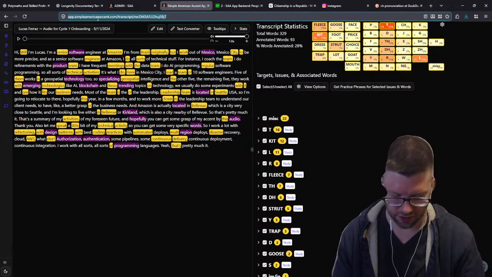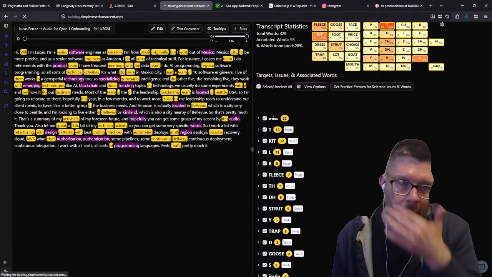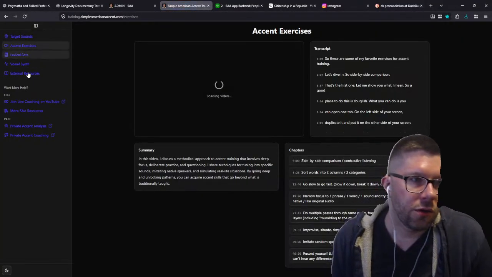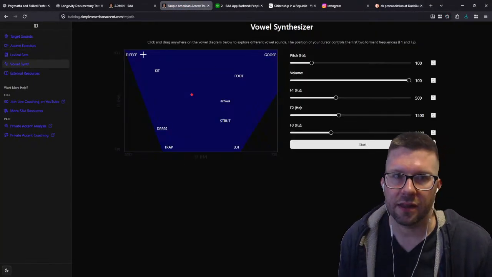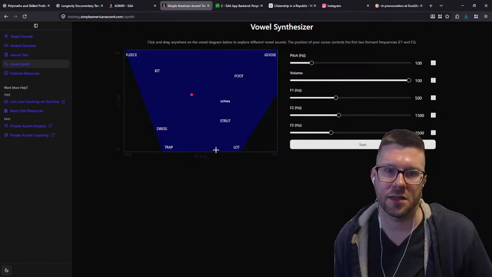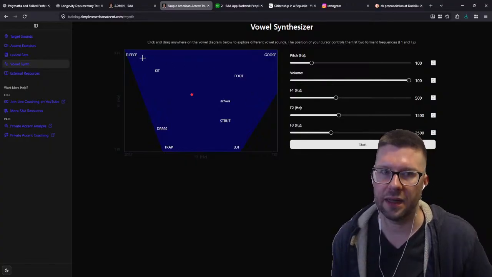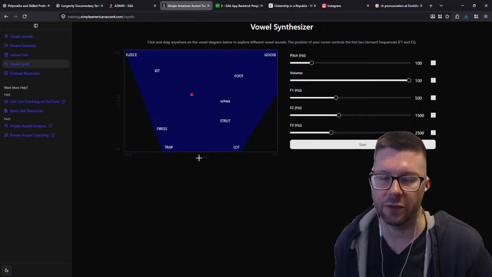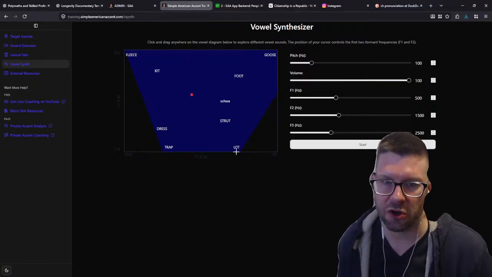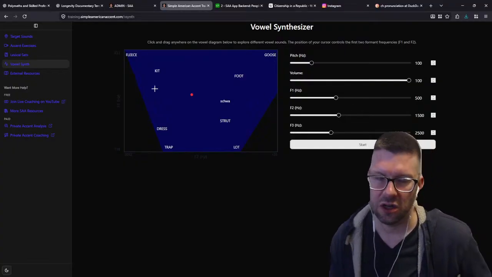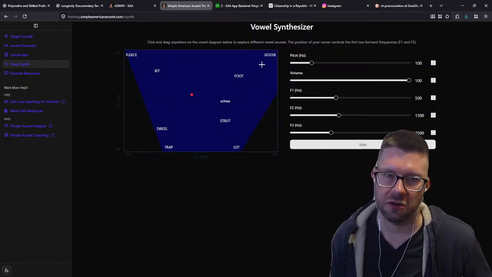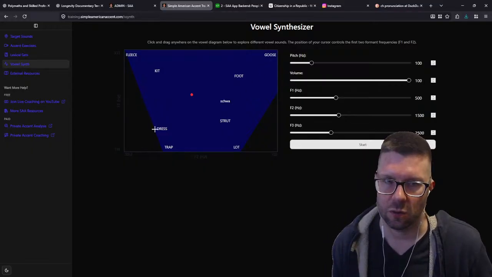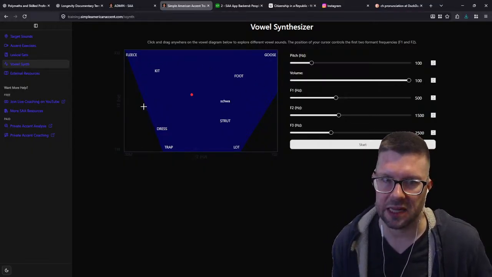You could have something like this, and then as someone speaks, you could put a point in this abstract vowel space that maybe isn't exactly matched to real life frequencies, but you could abstract away and normalize it so you could see for a given speaker where their vowel sounds are in this space.